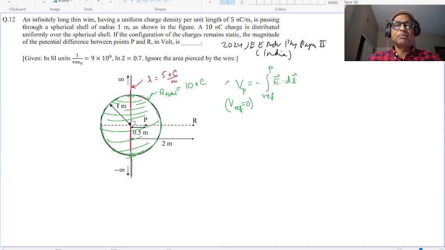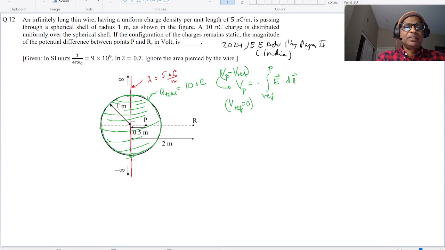Otherwise it's going to be Vp minus V reference. So if you know the electric field, you can immediately get the formula for potential. I think they want you to derive the formula.